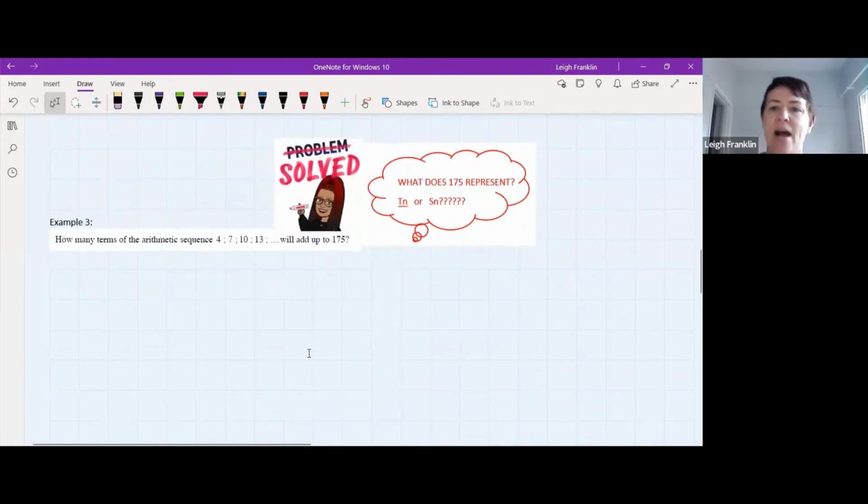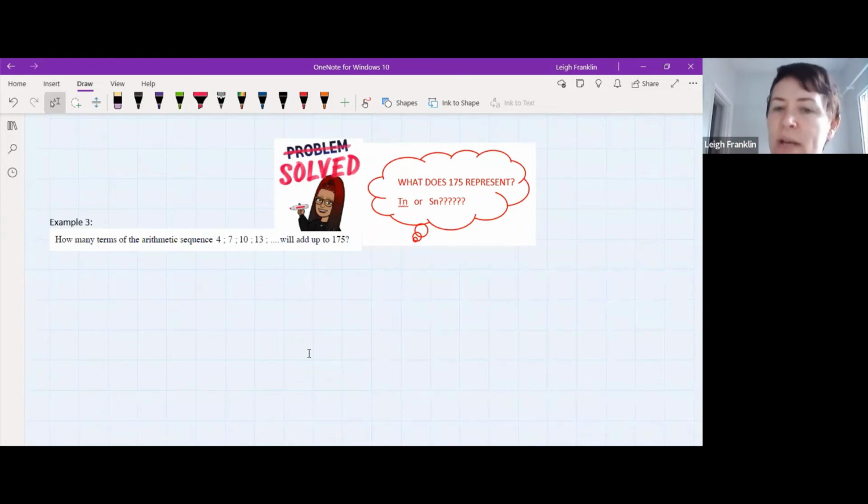Now let's have a look at this example. Here it asks us how many terms of the arithmetic sequence 4, 7, 10, 13 will add up to 175. So the big question is, what are they asking us to calculate and what information have they given us?